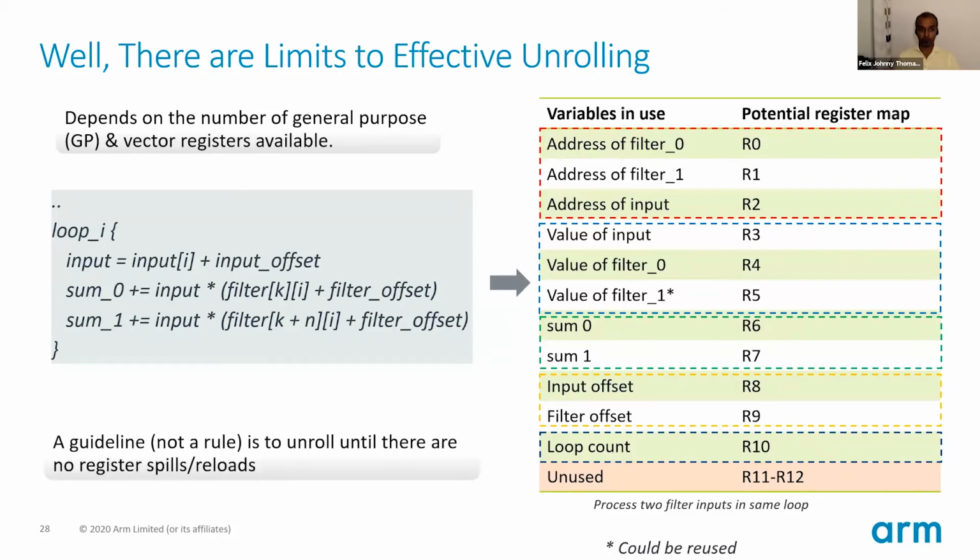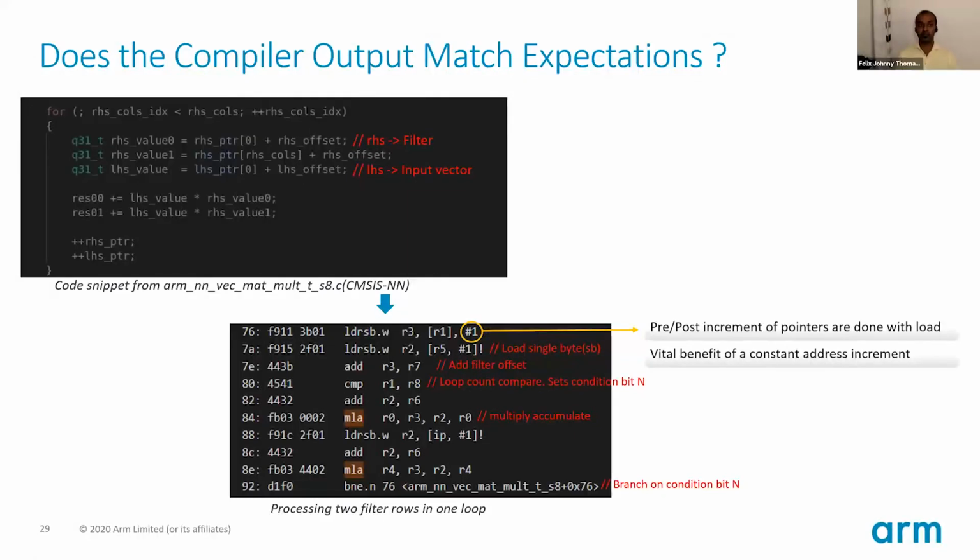And the guideline here is to unroll your loops to a point where there are no register spills or reloads. It's not a rule, but it is a guideline to unroll until there are no spills or reloads. Now, let's take a look at the generated compiler output to see if it matches our expectation.